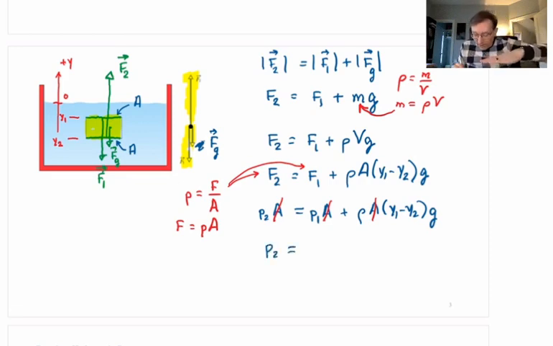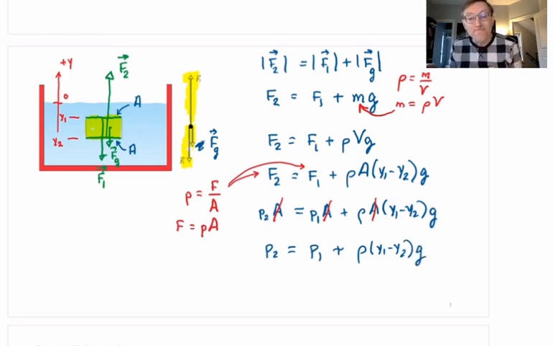The pressure at the lower level of this parcel, P2, is the pressure at the top level, P1, plus more, because the next thing I'm writing is a positive value: the density times Y1 minus Y2, which is just the depth of the parcel, times g. Okay? So it just came from Newton and the concepts of density and pressure.